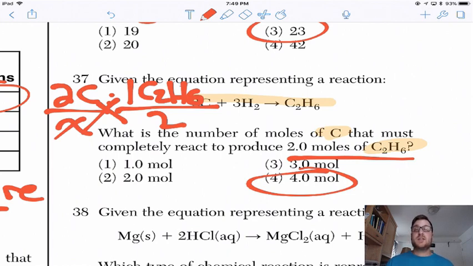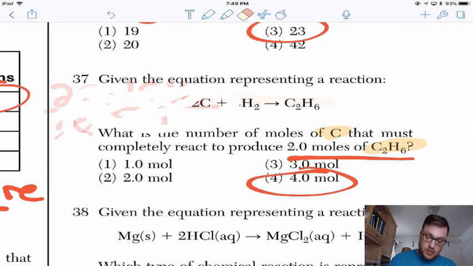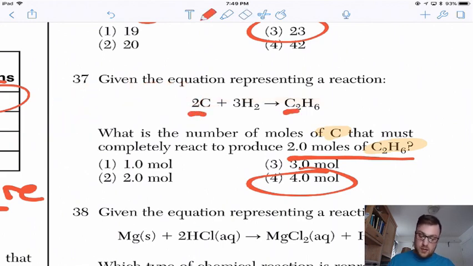Do not use the mole equation from the reference table. When you go to the balanced equation, normally 2 carbons make 1 ethane. So they're in a 2-to-1 ratio. So if I double my ethane to 2, how will that change my carbons? Cross multiply and you get 4.